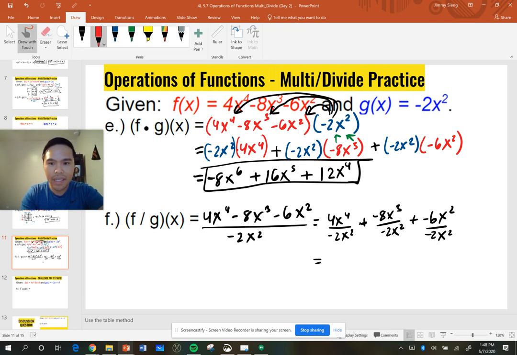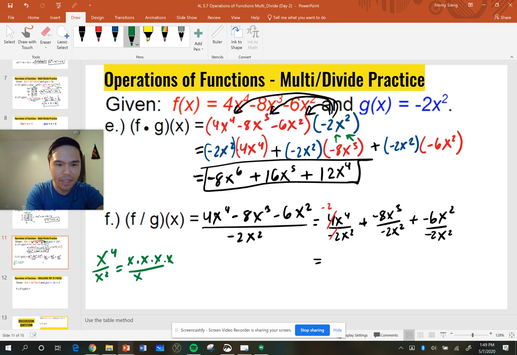So if I was to look at this first one, I know that 4 divided by negative 2 gives me negative 2. And then if I was to cancel these out, I got x to the fourth over x squared. Side note, when we're dividing, x to the fourth over x squared is like saying x 4 times, and then x times x for x squared, right?